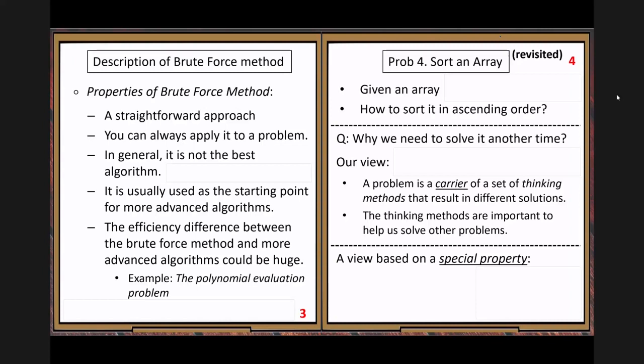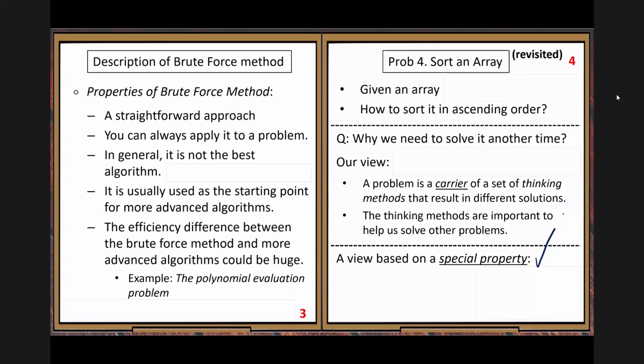If you still take that same view, you won't get a new solution. You have to look at the same problem from a different view. How do you change your view? We need to discover a different special property. If you find a different property, based on that property your view would be different, so we can develop a new solution.